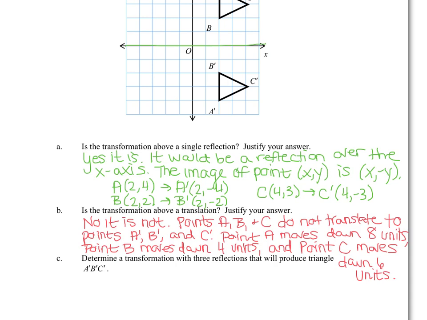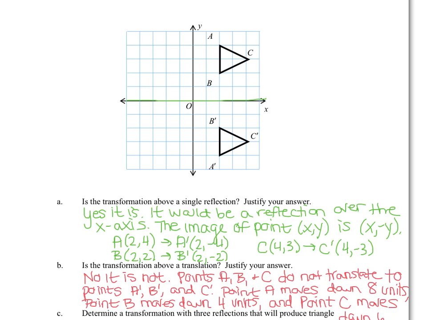Finally, it wants us to determine a transformation with 3 reflections that will produce this triangle. So how can we take this triangle and transform it 3 times with 3 reflections to get this triangle? So if we took this triangle and reflected it over the y-axis, we'd have something like that. And then if we reflected it over the x-axis, we'd have something like that.